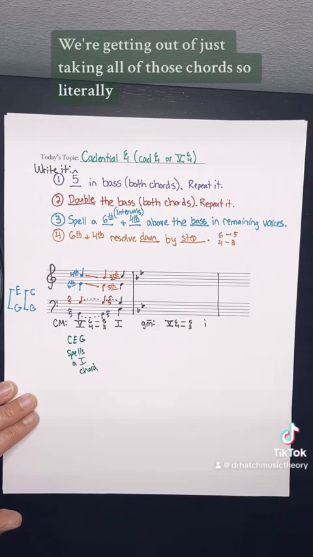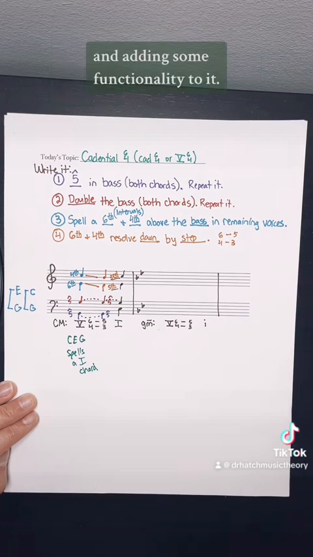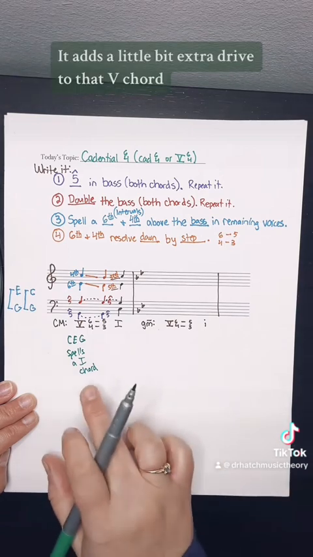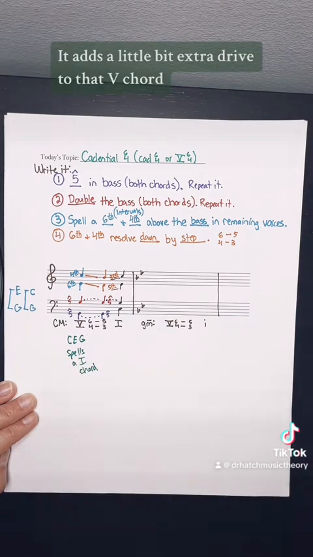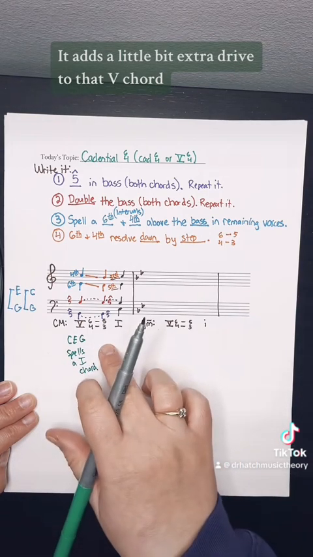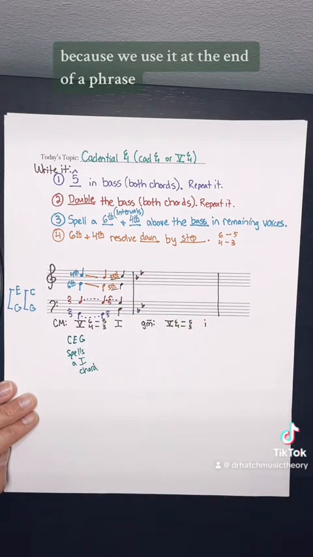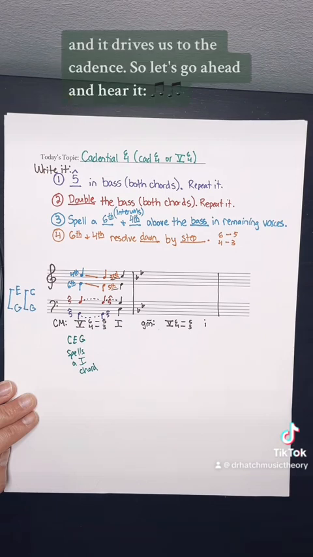We're getting out of just taking all of those chords so literally and adding some functionality to it. What does it do? What's the purpose? It adds a little bit extra drive to that 5 chord than to the 1. So that's why it's cadential, because we use it at the end of a phrase and it drives us to the cadence.